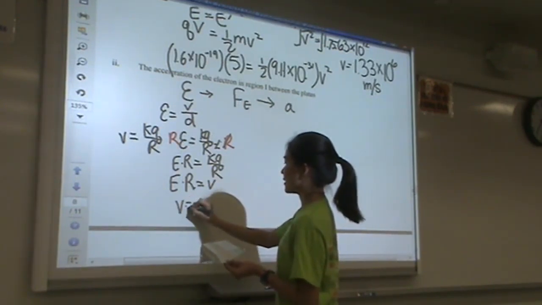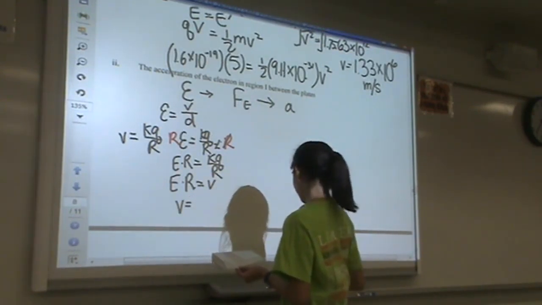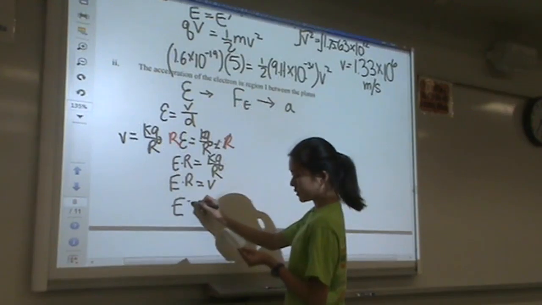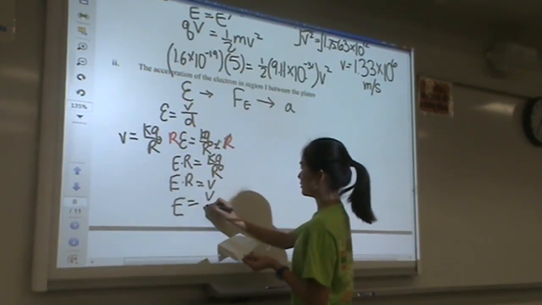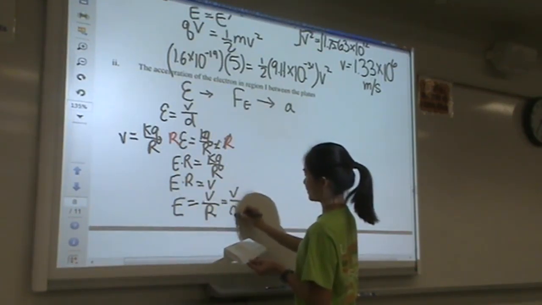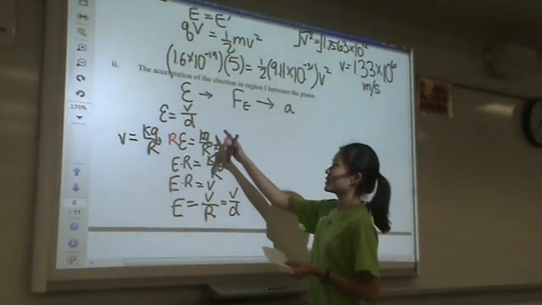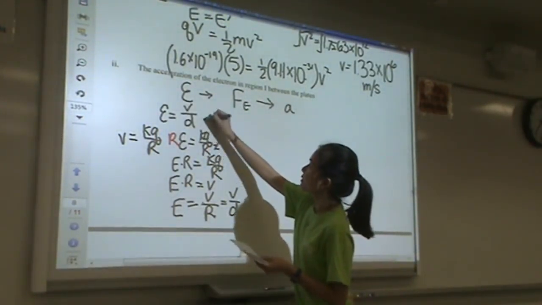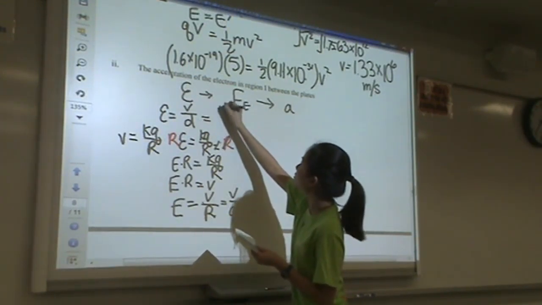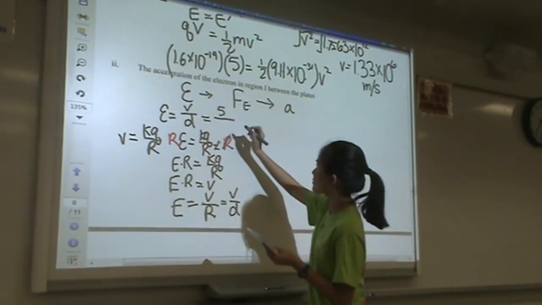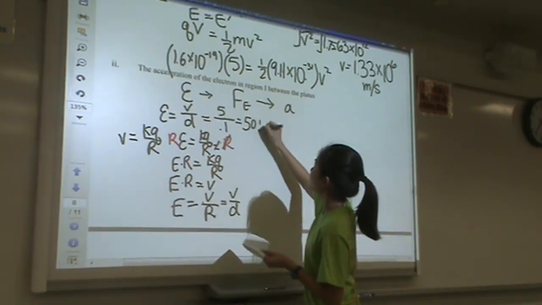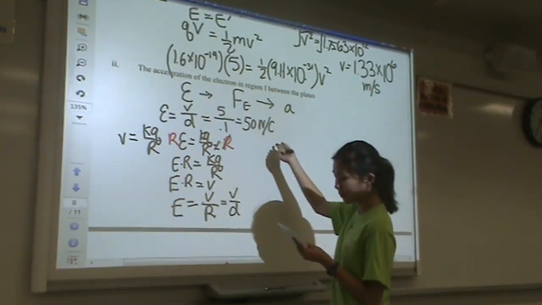Then when we solve for that, we get that the electric field equals electric potential V over R, or V over D. Now that we found this formula, we can plug in the numbers. Electric field equals electric potential, 5 volts, over your distance, 0.1 meters. So the electric field equals 50 newtons per coulomb. That's just the units for it.